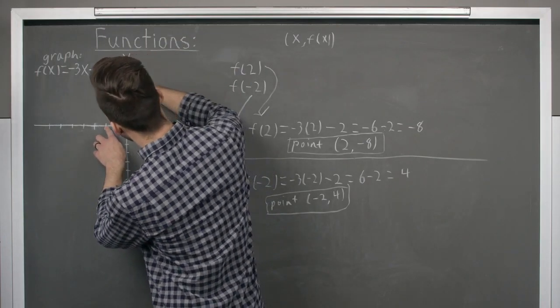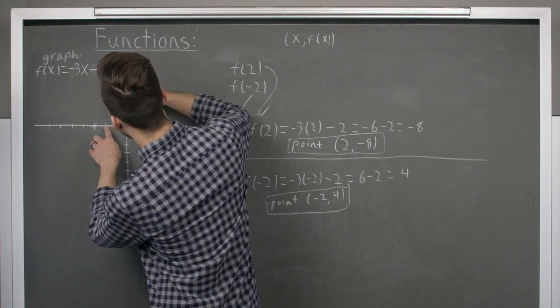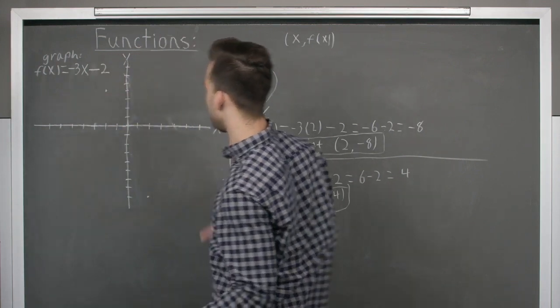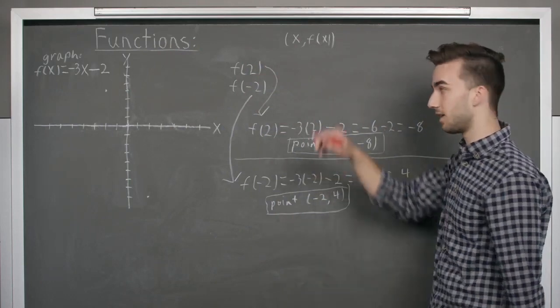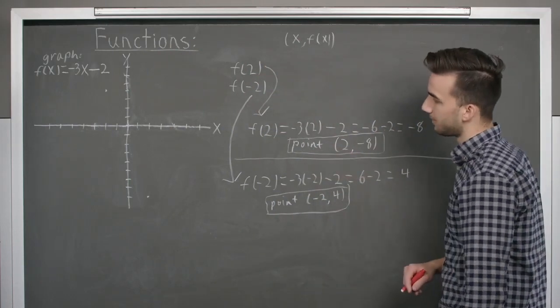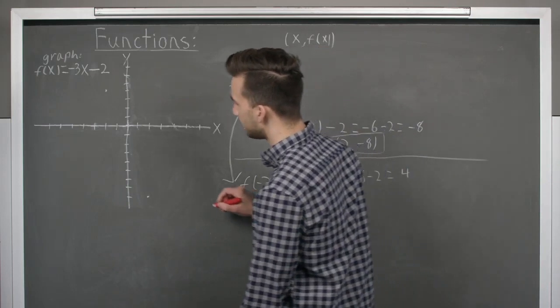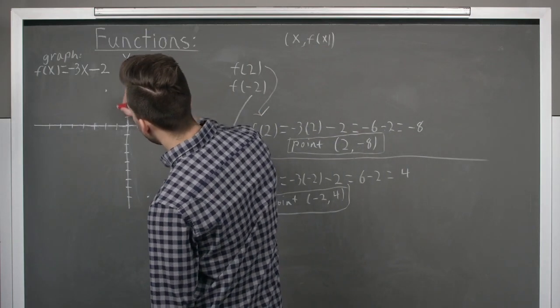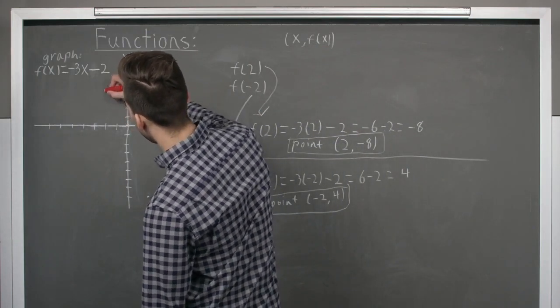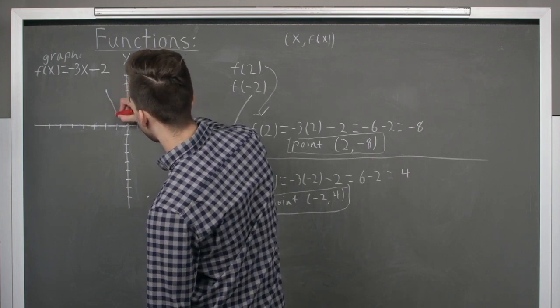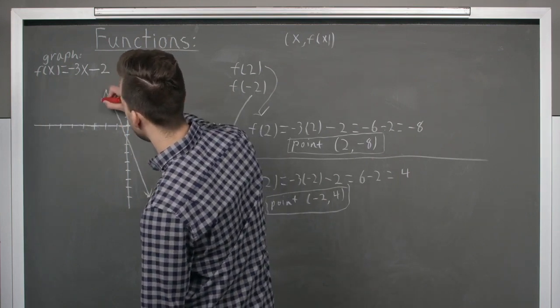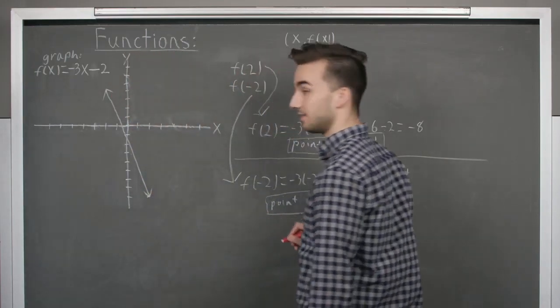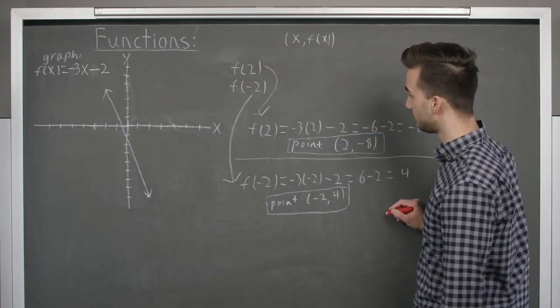Okay, so that is our other point. And then the final step in graphing a linear function is to just draw a straight line through both of our points. So this is kind of hard to eyeball, but you should do it with a ruler. And then just draw an arrow at both ends, and that is the graph of our function.